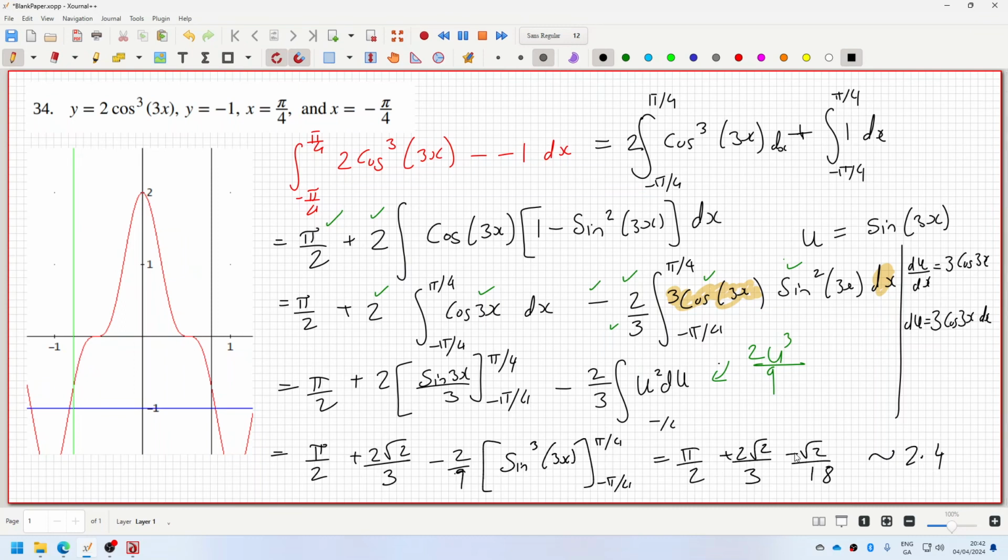Pi over 2 plus 2 over 3 root 2 minus root 2 over 18. Off such a small amount. So I have a tiny, teeny, weeny mistake somewhere. Oh dear.